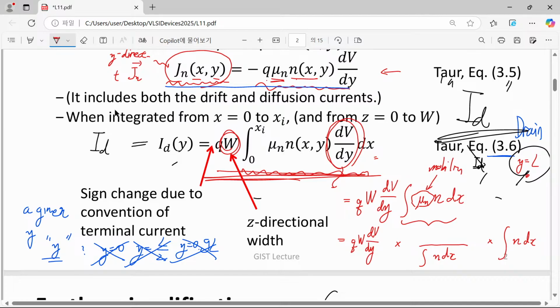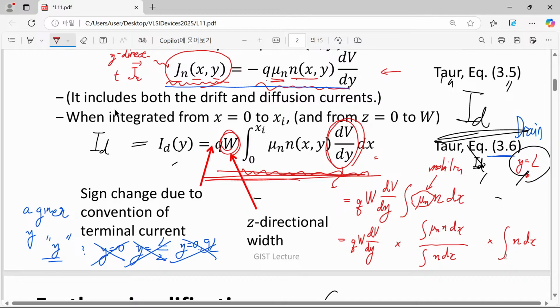Please think about what I have done. I just divide our equation by a certain quantity and once again multiply that exact quantity. What I've done is just the identity. So I have not changed anything in this case, and we say mu n and dx.